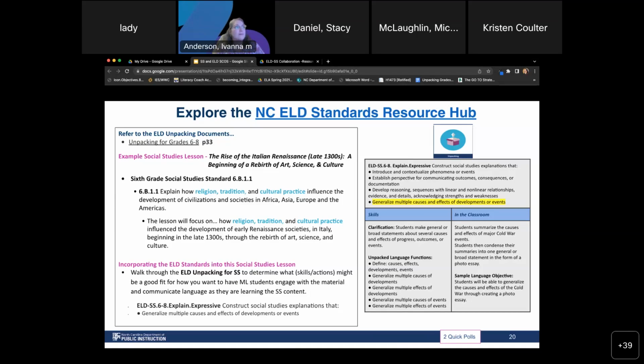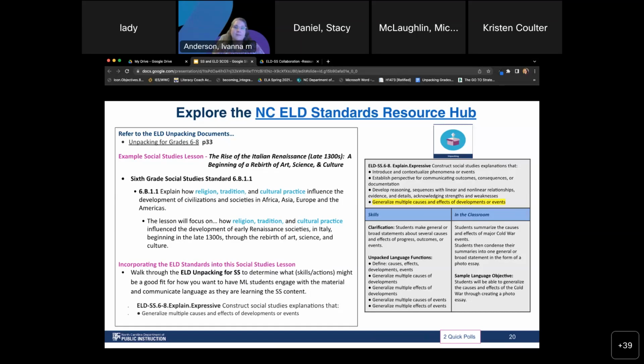And of course, as you see here, the teacher now really is going to focus on this for the beginning of those maybe first 2 lessons and really look at how religion, tradition, and cultural practice influence the development of civilizations and societies in Africa, Asia, and Europe. And the focus right now is really going to be in Europe, specifically in Italy.